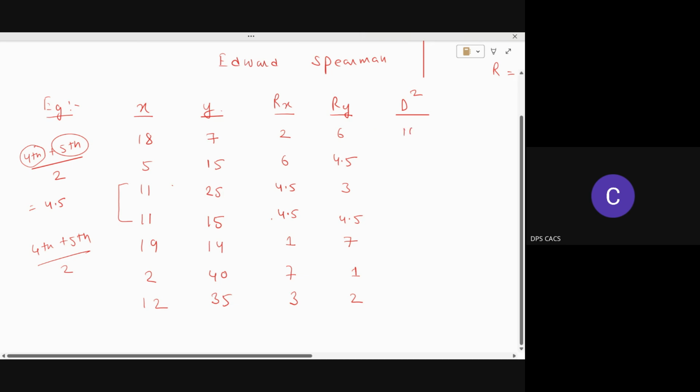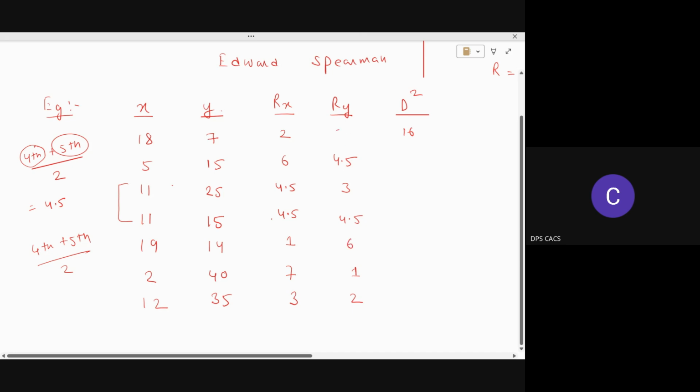4 ka square 16. 1.5 ka square 2.25. Again 2.25. I have done some mistake. Oh, I saw this column. Sorry. So 6 for this.